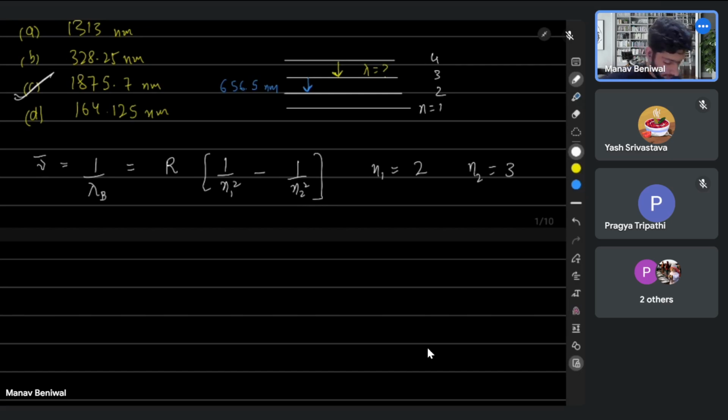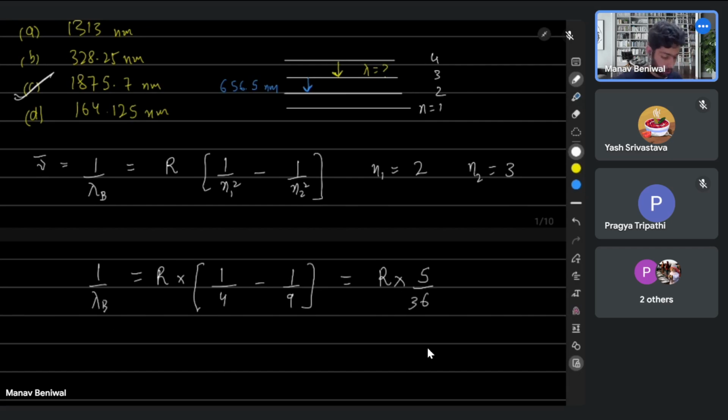Okay, so then your 1 over lambda b becomes R into 1 over 4 minus 1 over 9, and if you solve this, this will become R into 5 by 36, right?